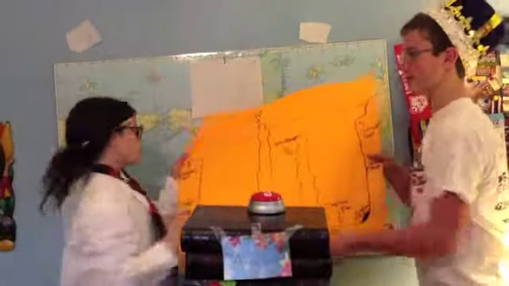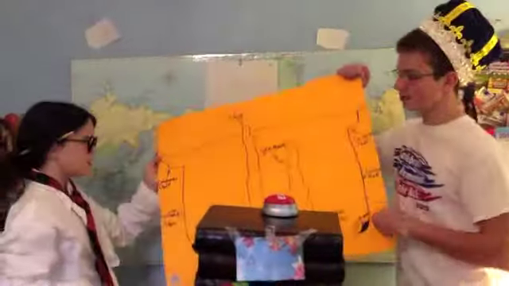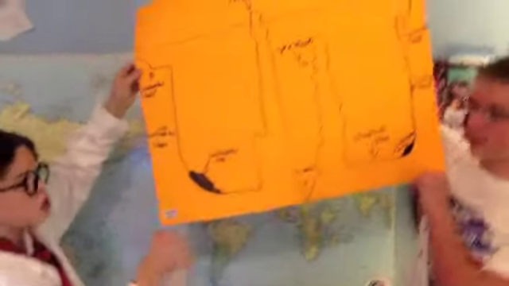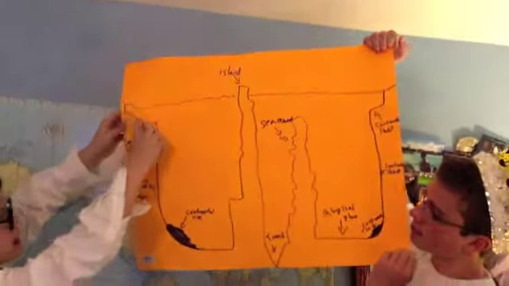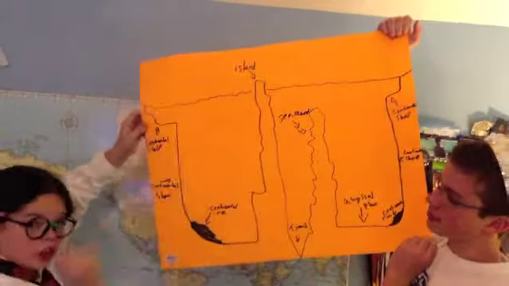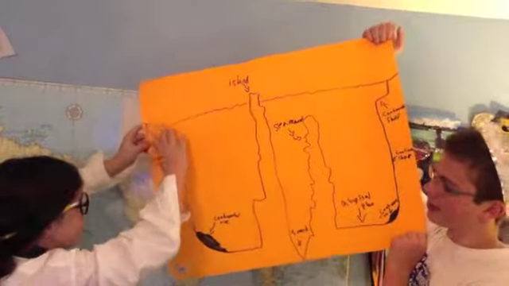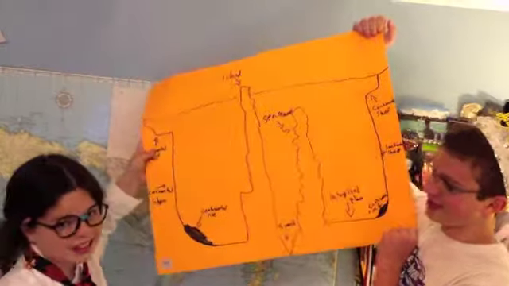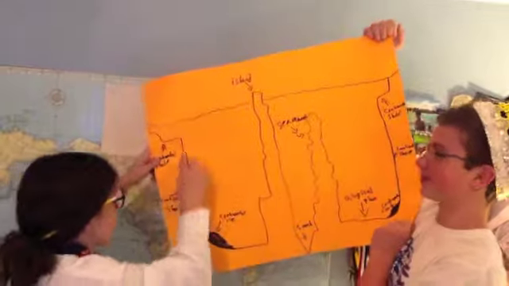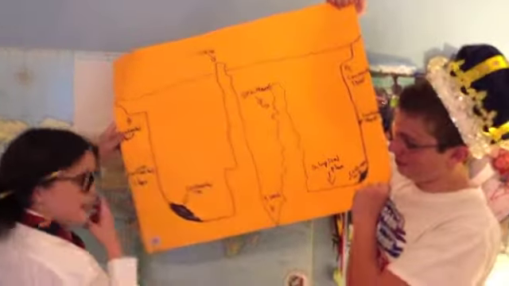Okay, so first we'll start off with the continental shelf. The continental shelf is part of the continent that's underwater. And then this drop is the continental slope.